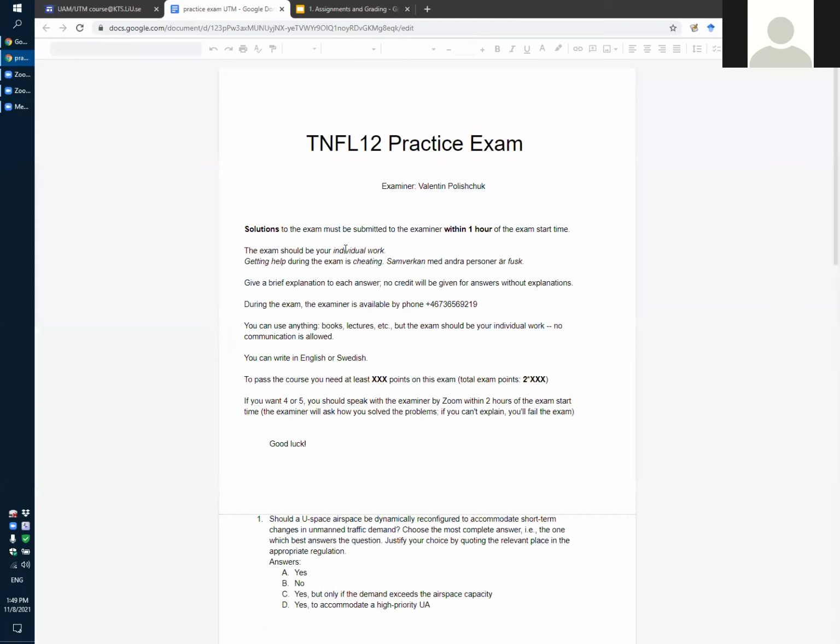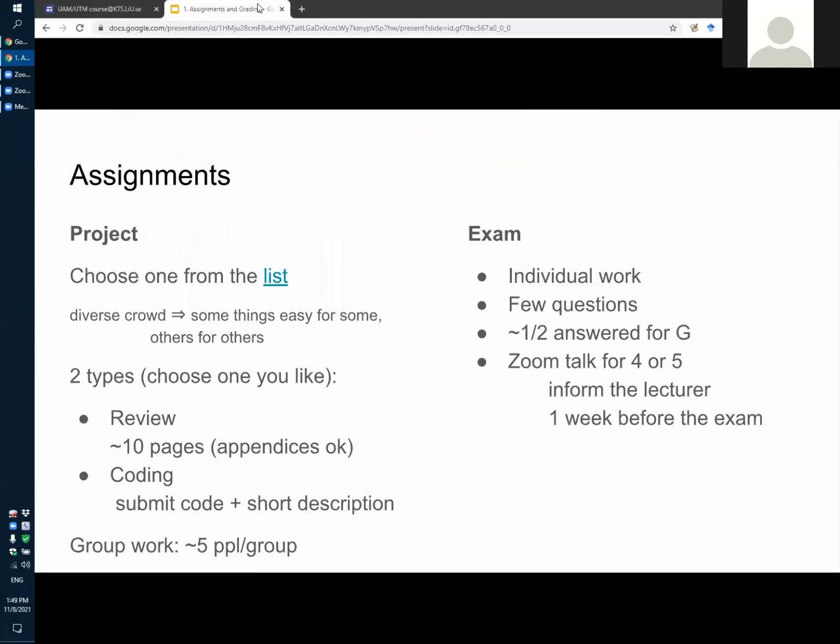So, looking at the practice exam, yes, you can write in English or Swedish. That's fine. But for the exam, there is not much that you will have to write. There are mostly numbers. For the report, yes, it's okay to write in Swedish.